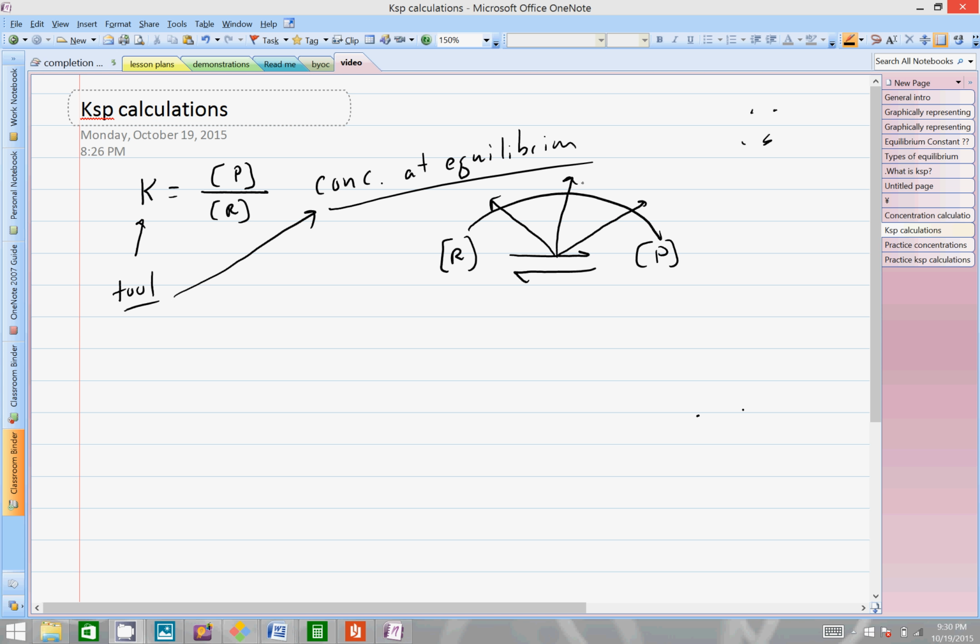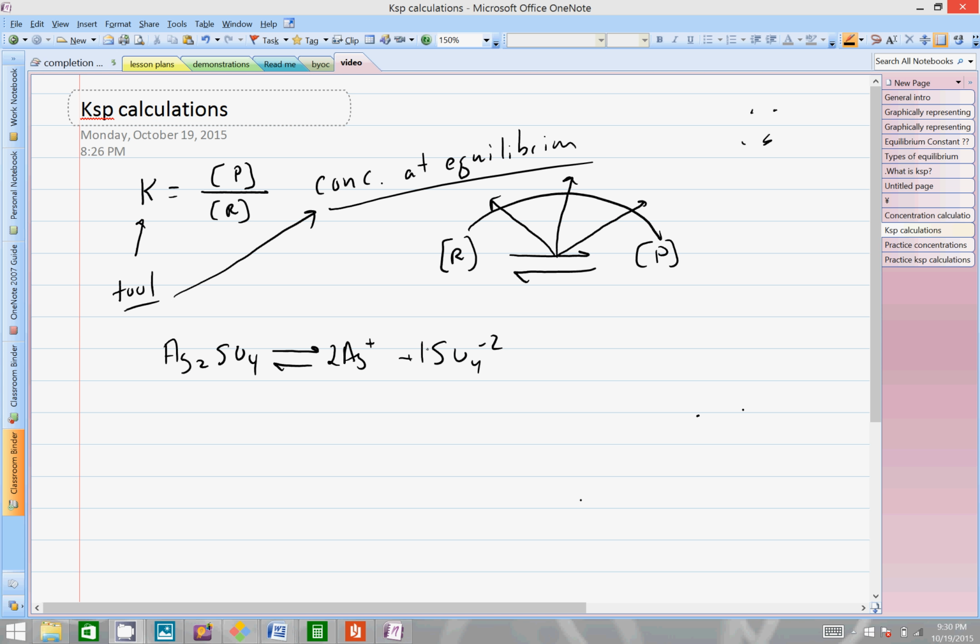Now again, I'm going to use a similar example of Ag2SO4. The very first thing I do when I come across an equilibrium problem is write out the equation that's happening. It comes from Ag plus SO4 minus 2, and this will be a 2 here and a 1 here.